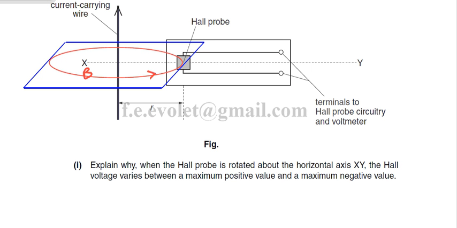So the question says, explain why, when the Hall probe is rotated about the axis, the Hall voltage varies between a maximum positive value and a maximum negative value. Normally we write Hall voltage as VH = BQV.